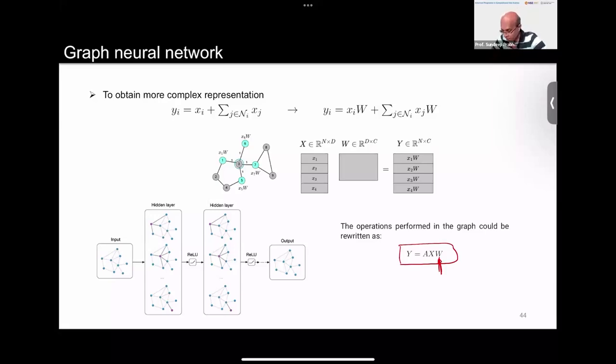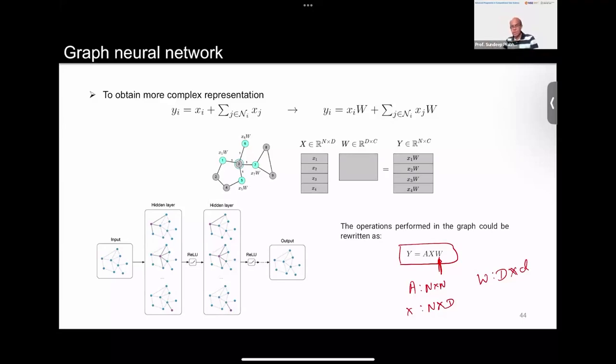Before, all we did was X times W to get a linear transformation, and apply nonlinearity subsequently. But now, instead of simply doing A times X times W, I do A times X and then X times W. Now, if you look at the size of W, suppose A is N times N, X is N times D, A times X is N times D, and W is some D times small d.